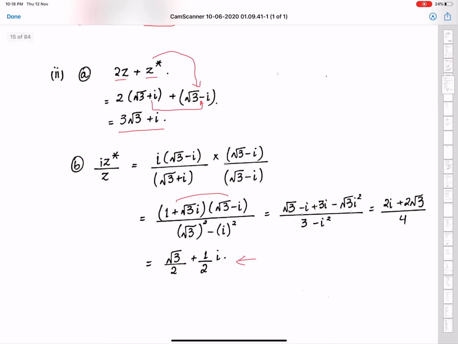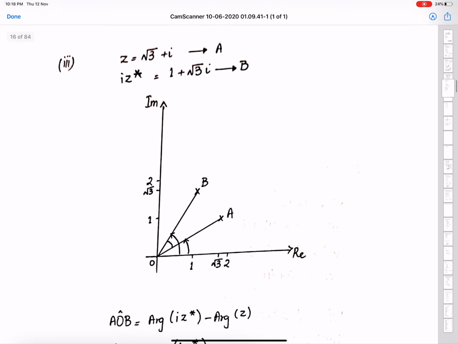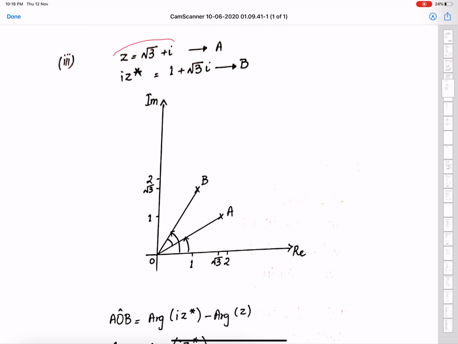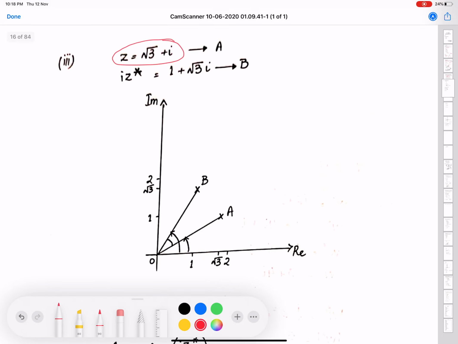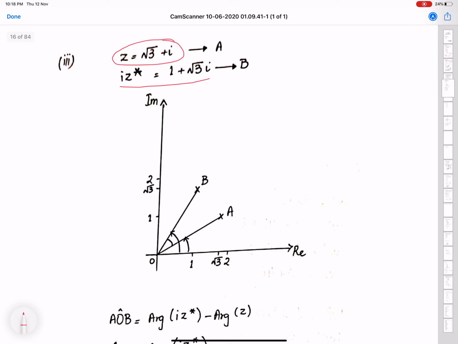Always give your answer in this form, a plus bi. Always break the LCM. Now the next part: a is represented by root 3 plus i, and i z star is represented by 1 plus root 3i. So this is a, root 3 plus i, and this is b, which is 1 plus root 3i.